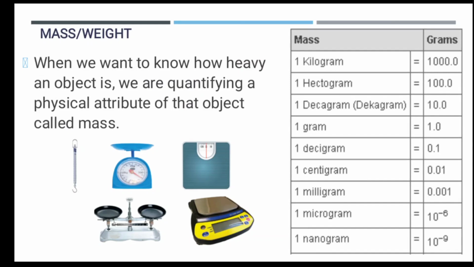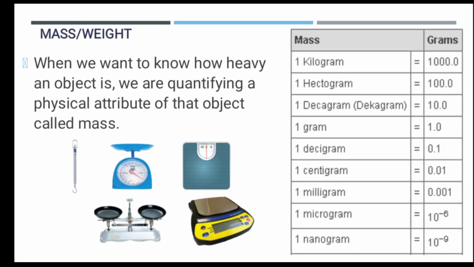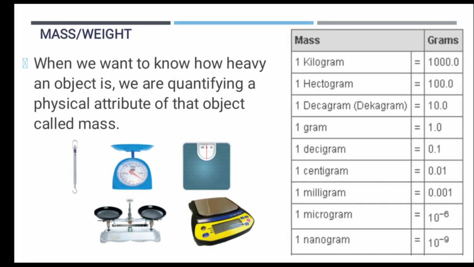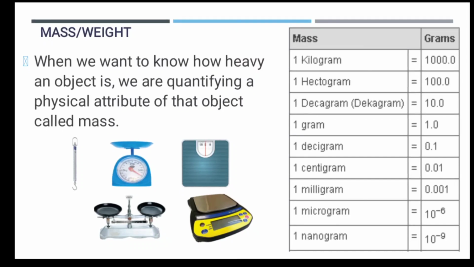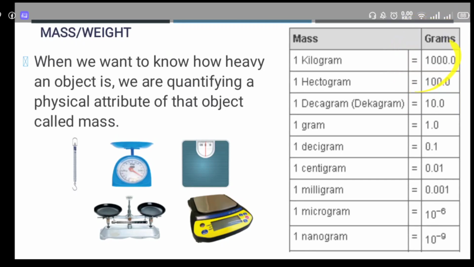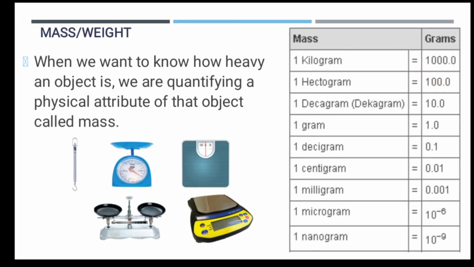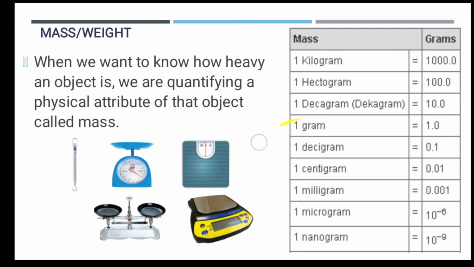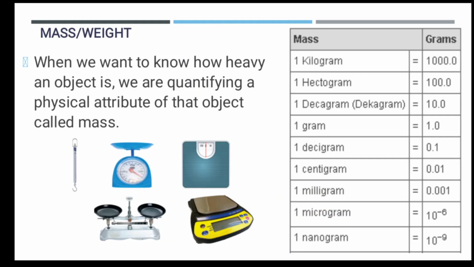But for now, let's talk about how we are going to convert mass or weight into other units. For this measurement, we will be using grams as unit. Then after that, we are able to convert that to decigram, centigram, milligram, microgram, nanogram, decagram, hectogram, or kilogram.